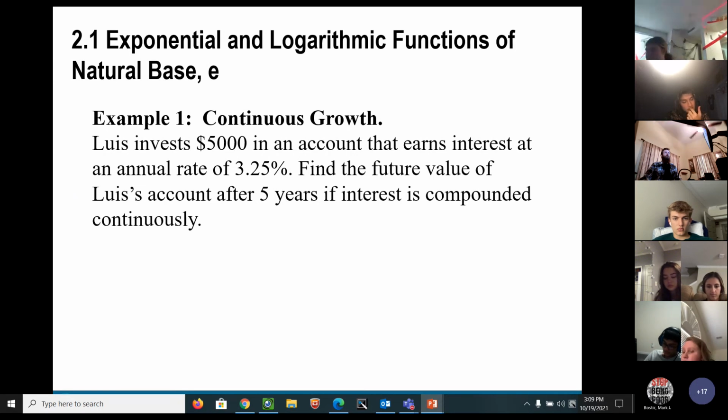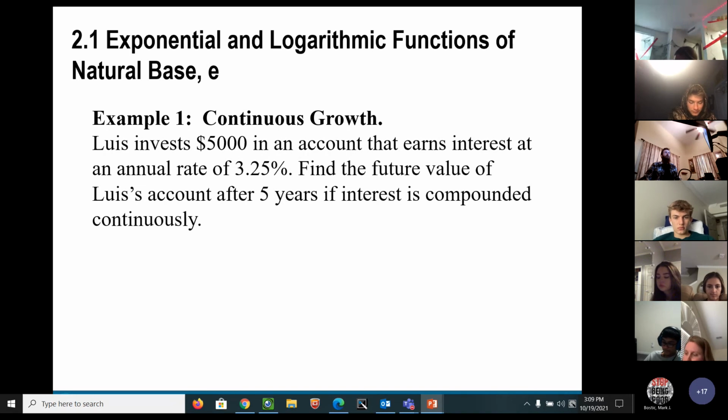So P is equal to 5,000. And yes, this is a test question. Compound and continuous is a test question. The rate is 0.0325, and t is equal to 5.